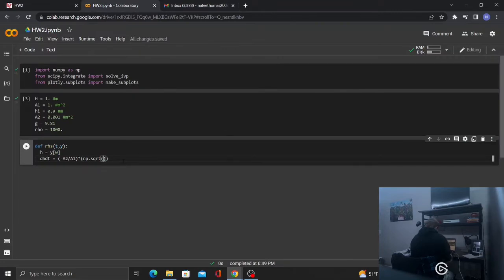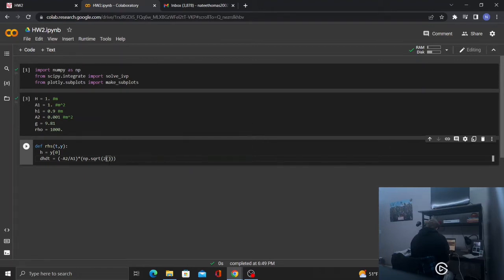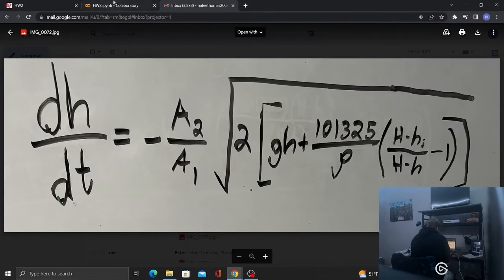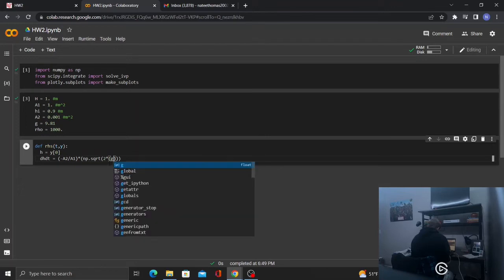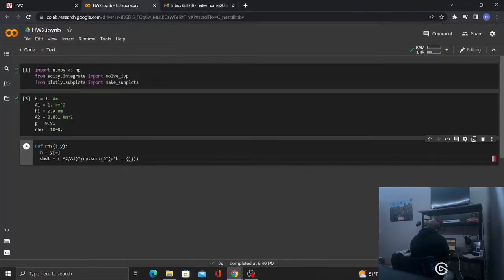So we will have 2 times this whole function here: g times h plus 101,325 over rho, put parentheses around this.